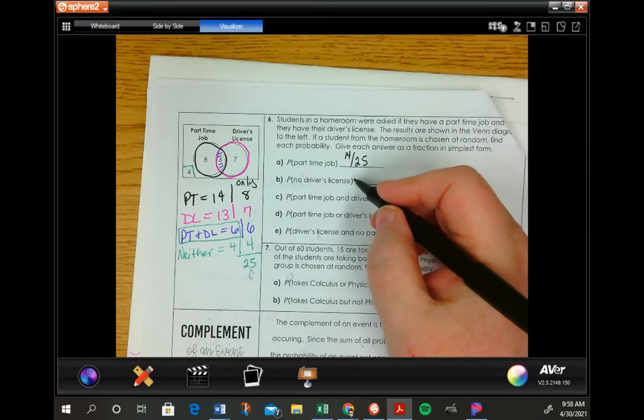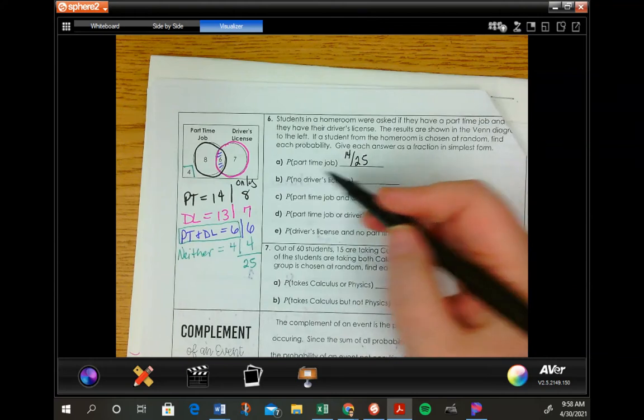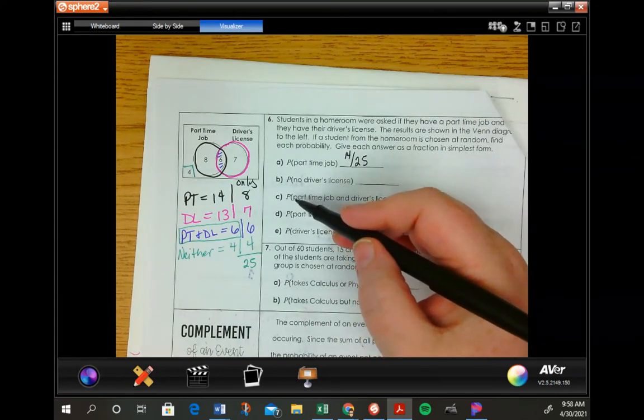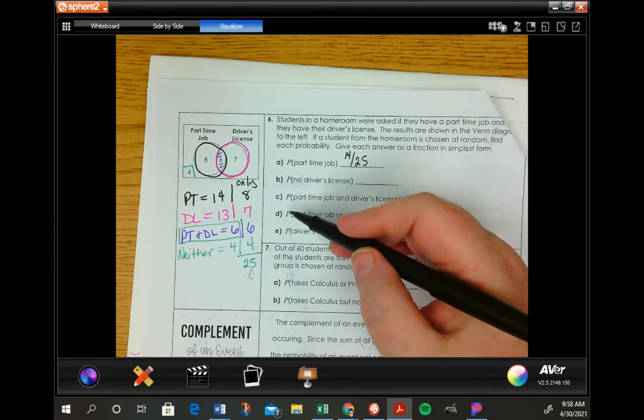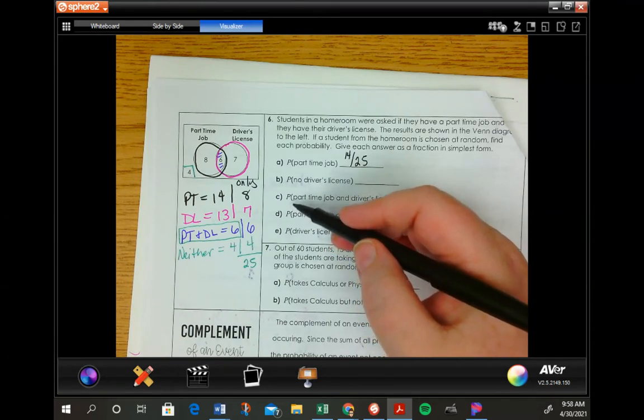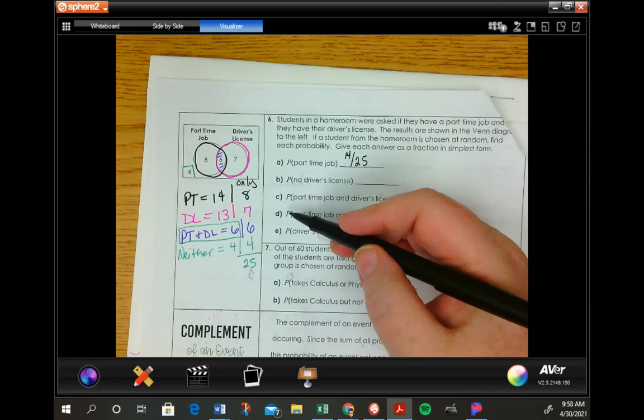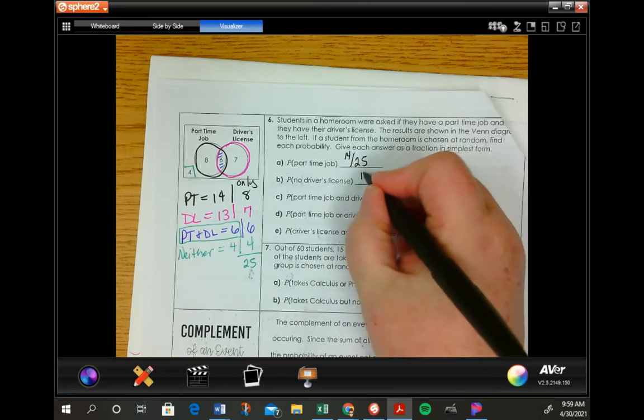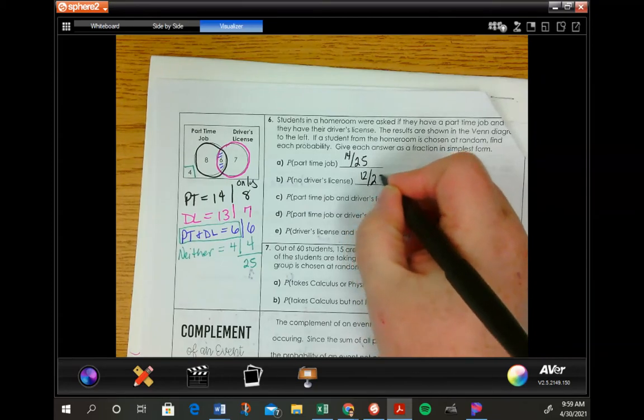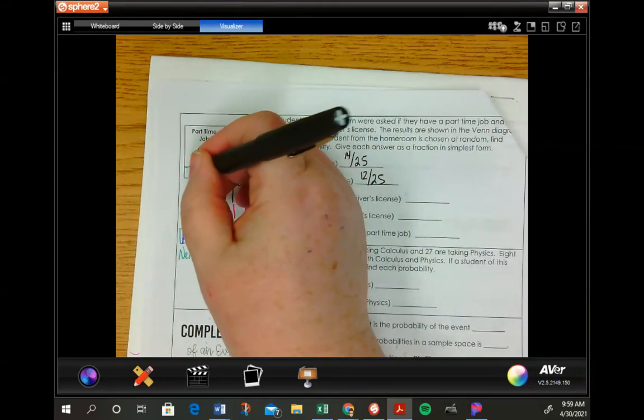No driver's license, that would be total. How many did not have a driver's license? That would be 8. 12 out of 25. 8 plus 4 is 12.